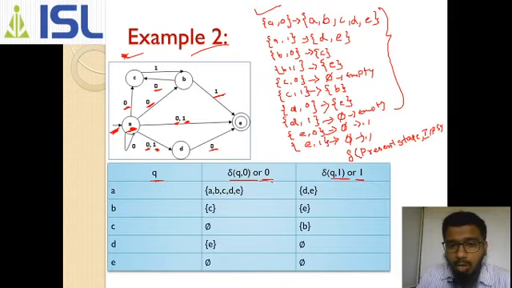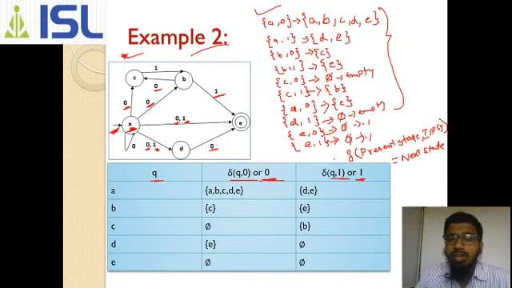Input symbol is 0 or 1. Then you will get the next state. Okay, so this is a formula.